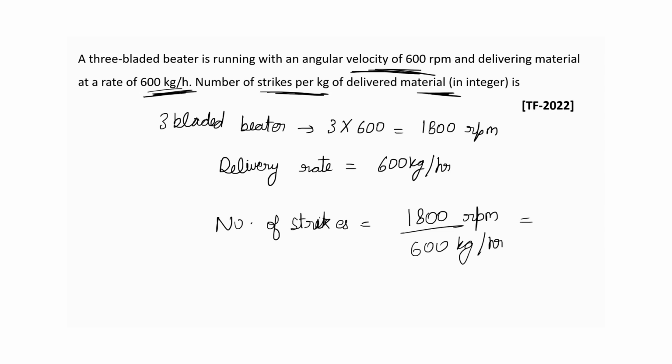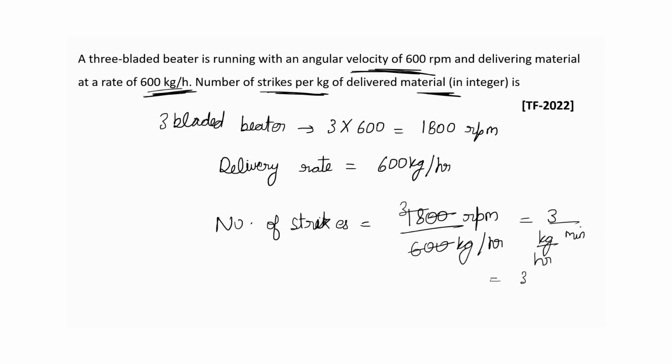So you can see that it is 3, rpm means per minute and kg per hour, so per hour.